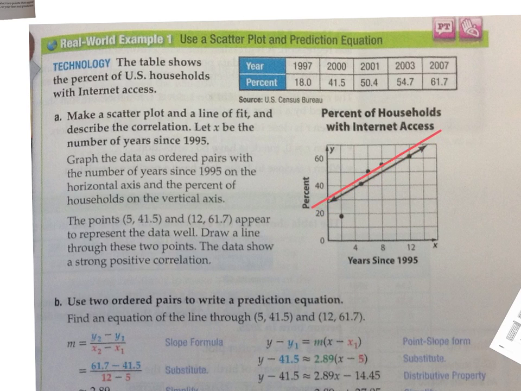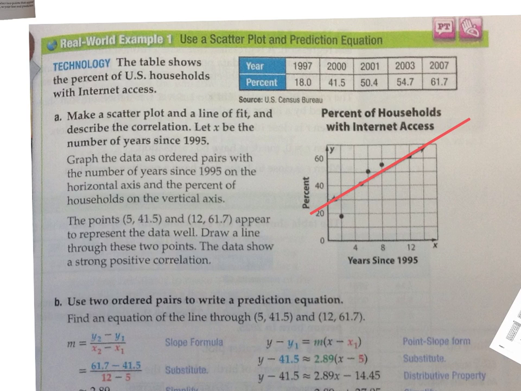Now what the book says is for you to actually pick 2 points, like this point and this point, and draw your line right through those 2 points. I guess for me that really isn't the best way to go about it. The best way is to draw a line that is perfectly in between all the coordinates. So I would say maybe even this would be slightly better, I don't know.